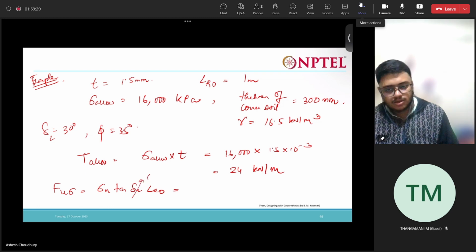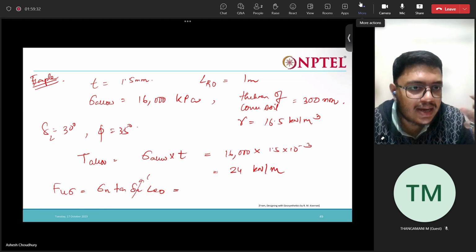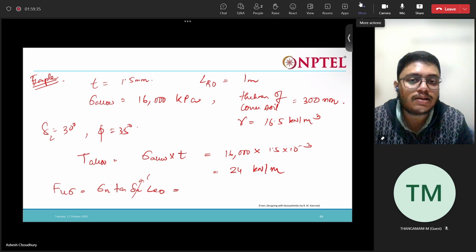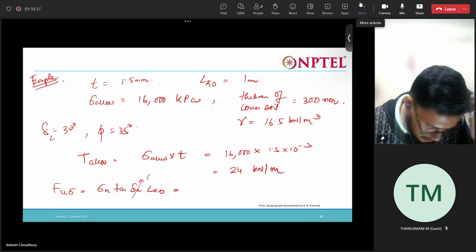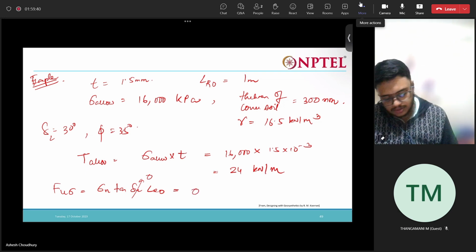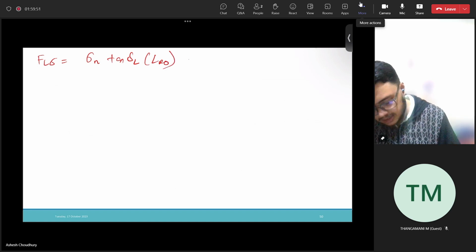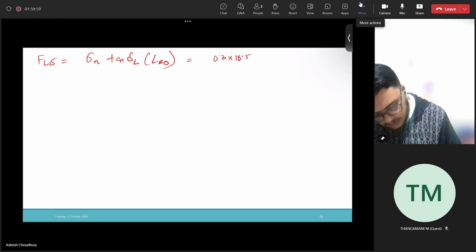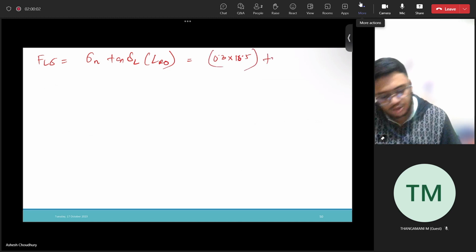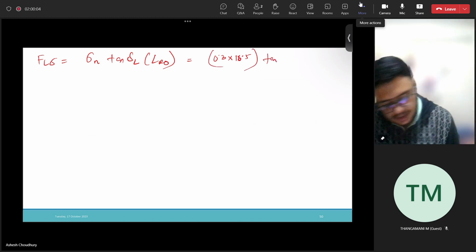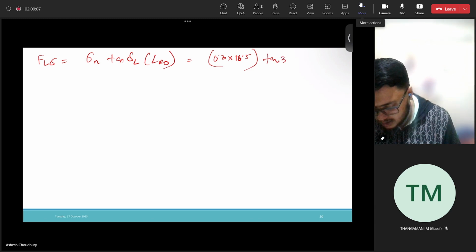You can take this as 0, because we are assuming that the cover soil layer is thin, and there might be cracks that develop. Same as before, just without directly using the formula, we are writing all the terms separately. 0.3 into 16.5, this will be sigma_n, the normal stress. 16.5 is the unit weight, 0.3 is the thickness, tan delta lower.